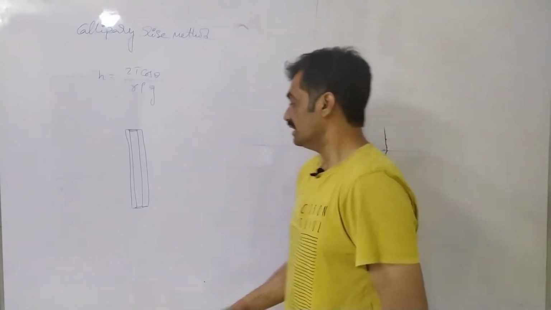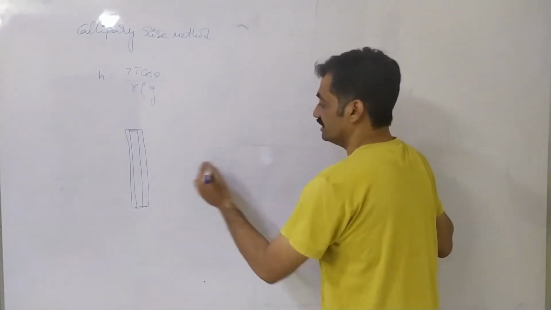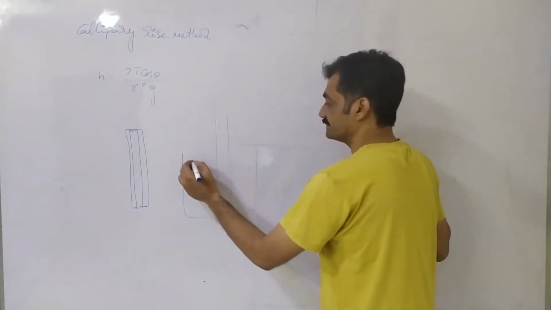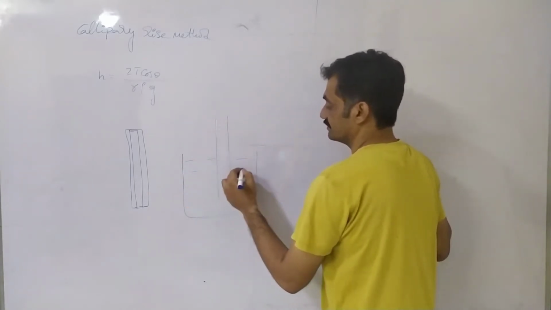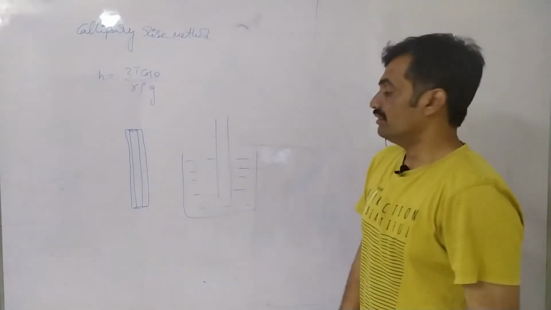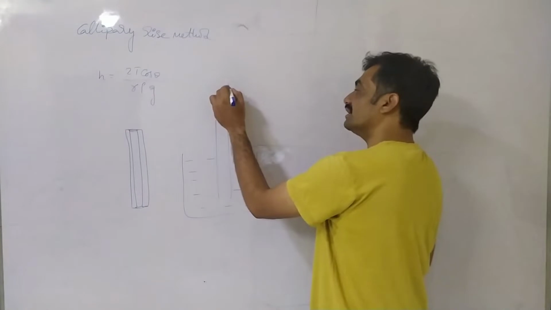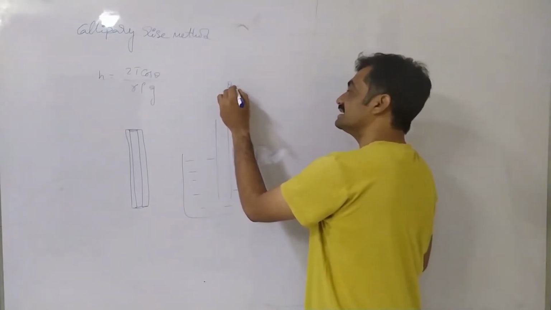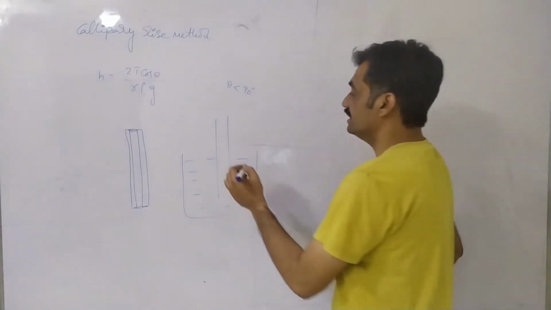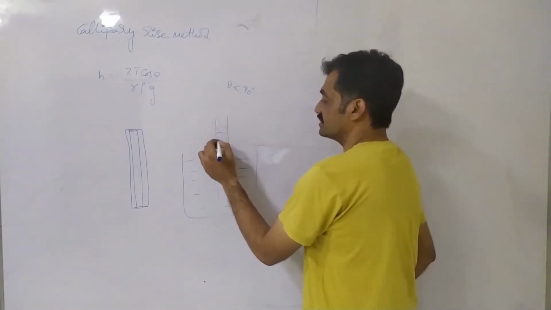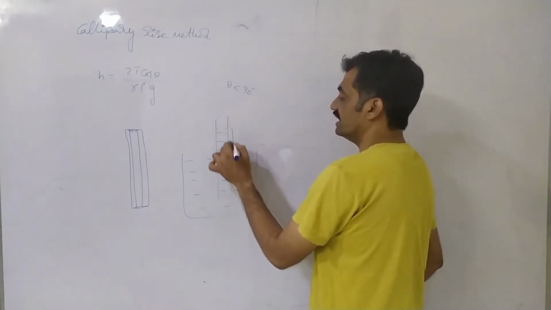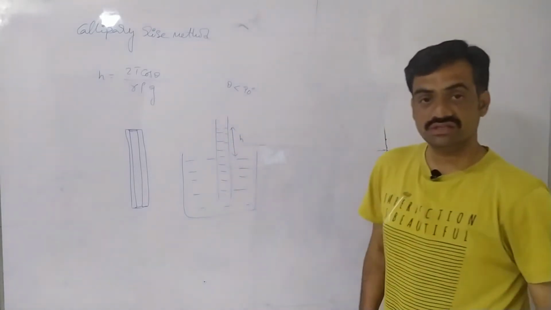Let us revise this. Let us consider I had dipped the capillary tube in a liquid. If the angle of contact is less than 90 degrees, then the level of the liquid rises to a height h.